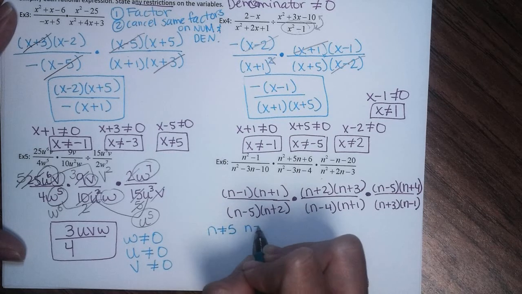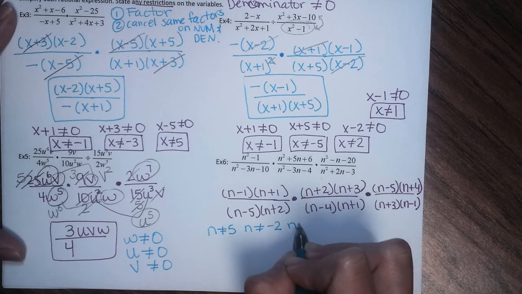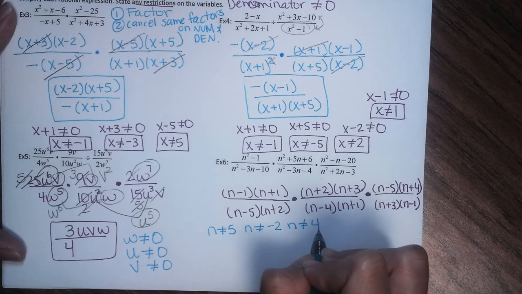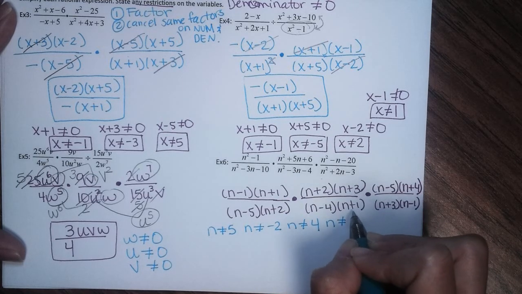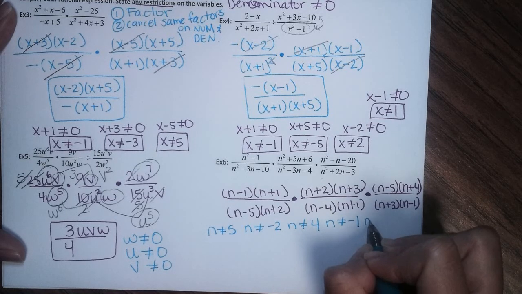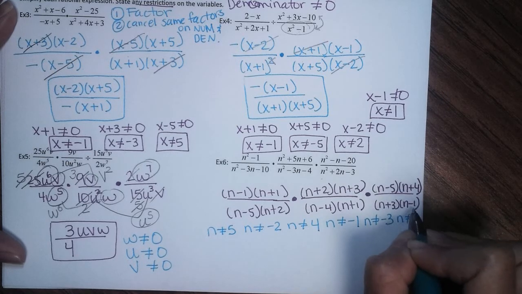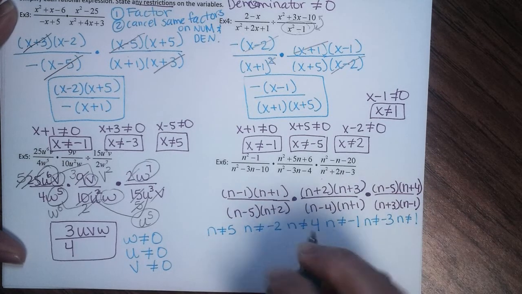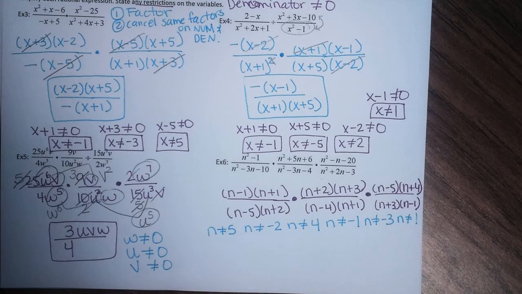And then n cannot equal a negative 2. n cannot equal a positive 4. n cannot equal a negative 1. And then n cannot equal a negative 3. And then n cannot equal 1. 1, 2, 3, 4, 5, 6. Okay, there's 6 restrictions because there's 6 factors on the denominator.